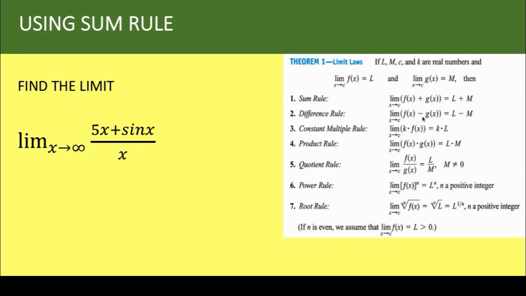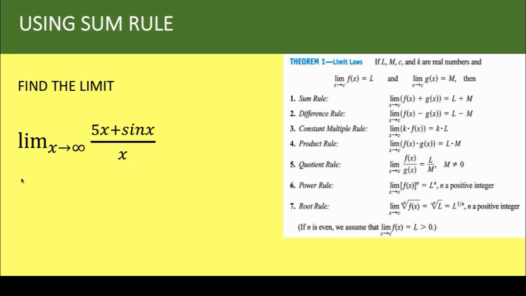Then we also have here the difference rule, the constant multiple rule, which says that if you have a constant times a function, you can put that constant out and get the limit of the function and multiply that constant times the limit. Then we have the product rule here, and then we have the quotient rule, the power rule, and the root rule. What we're going to do is use these properties of limits, or the limit laws, in order to re-express this 5x plus sine x over x.